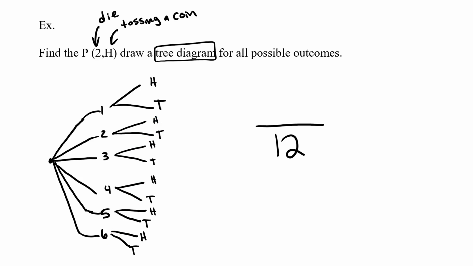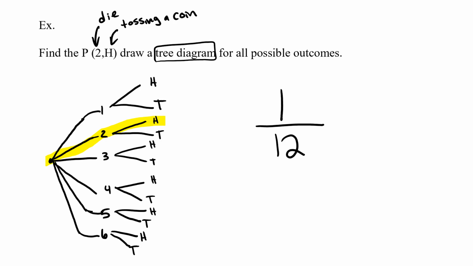So what I want to do is find rolling a 2 and tossing heads. Oh, went down the wrong path there. There we go. This one right here. Okay, so there's only one possible outcome. So that means that the probability literally is 1 over 12.